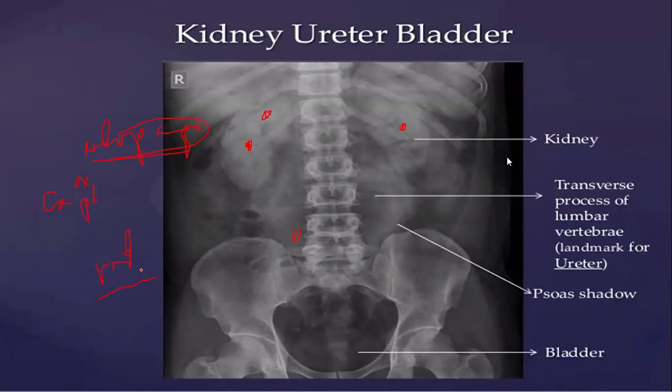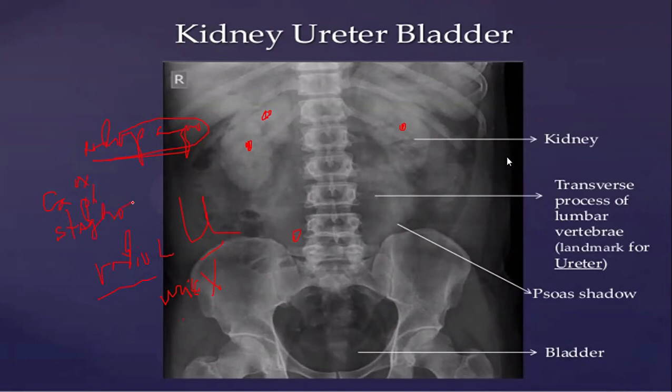What are examples of radiolucent stones? Uric acid and xanthine. What are radiopaque? Calcium oxalate and phosphate. And a favorite board exam question: the stone that is formed because of recurrent UTI, the staghorn calculi.